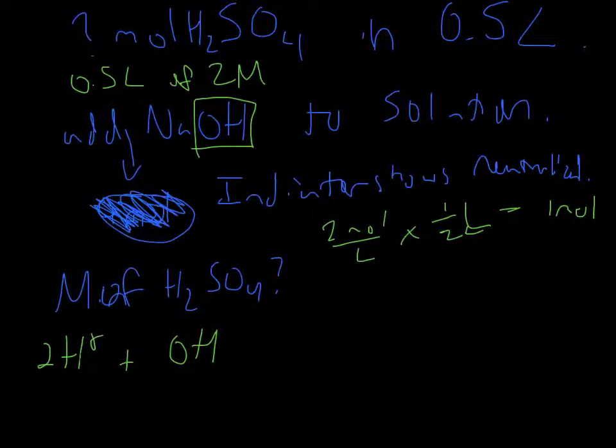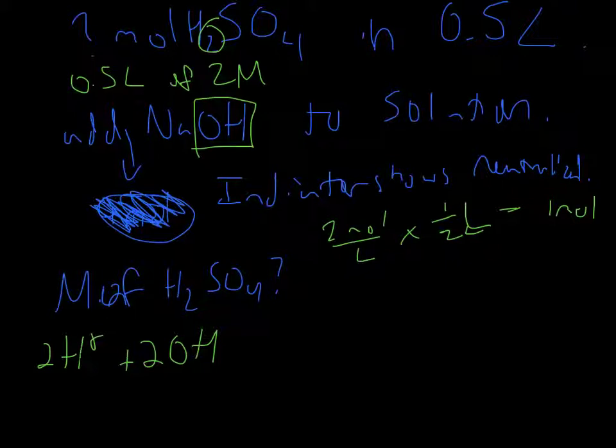Here's where the problem starts. We have 2 hydrogens there, and there's only 1 in sodium hydroxide. That means there needs to be 2 of those too, right? That means we need twice as much sodium hydroxide as we have sulfuric acid to neutralize the solution.